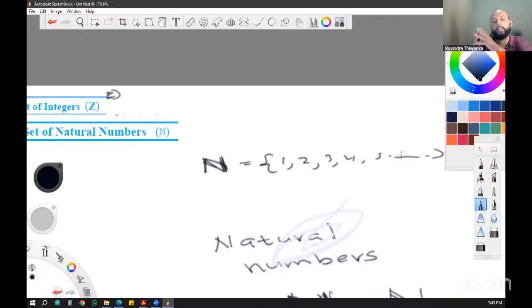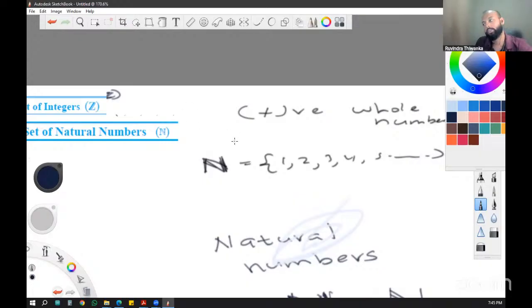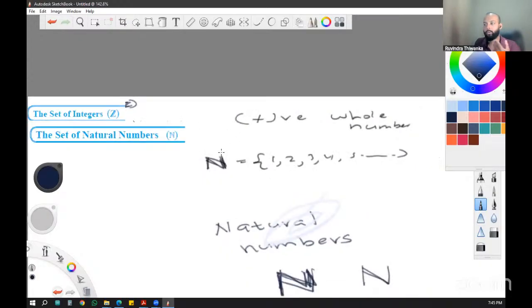So natural numbers are positive whole numbers, and they are used to count objects. From grade 1 until now, we are working with natural numbers. And here the thing is, 0 is not included in the natural numbers.